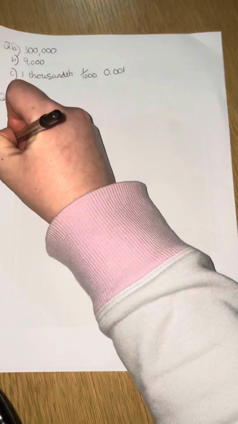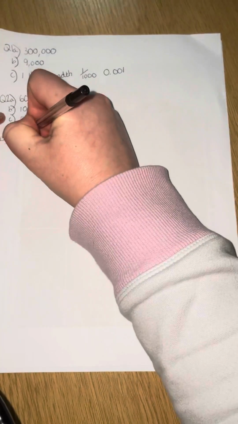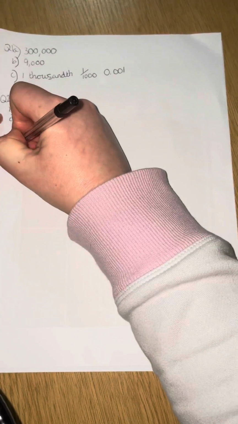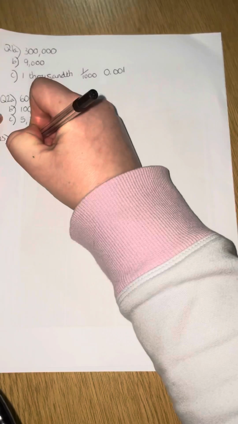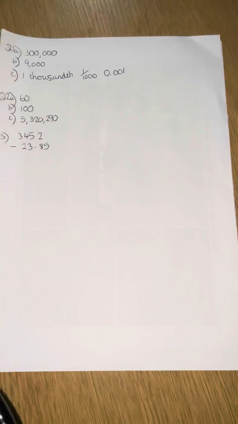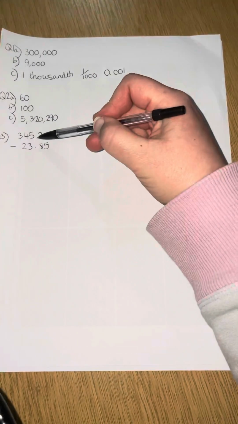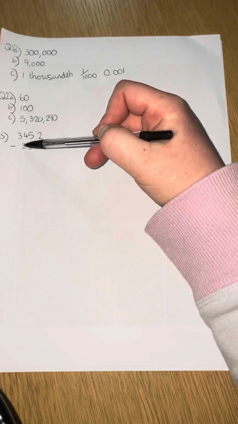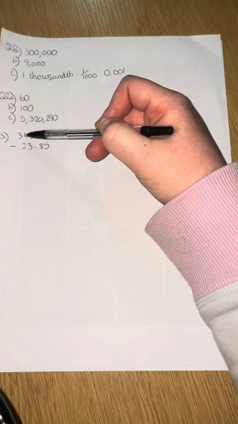Question 3. 345.2 subtract 23.85. Now hopefully you should have written it out as a column subtraction like I have. You should have put your decimal points lined up, and because it's 23, that should be under the 45, so the 3 should be on its own.